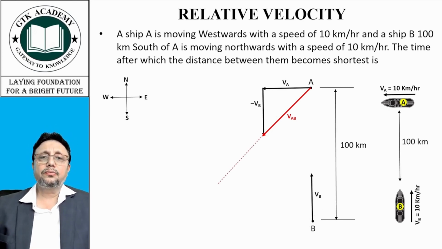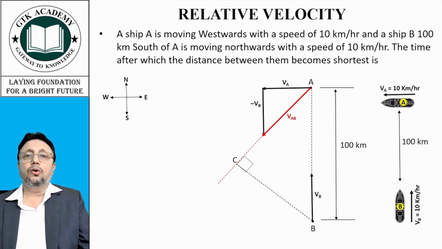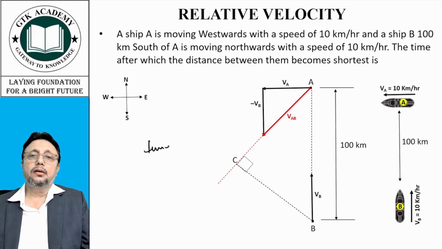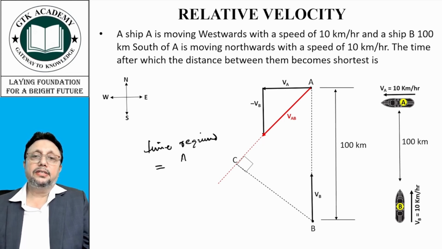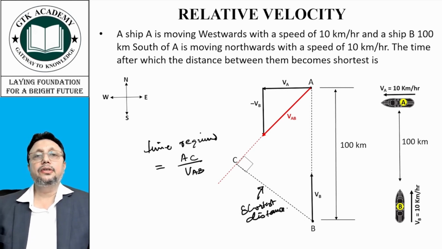So we'll do that. We extended this red line, and we dropped a perpendicular from B, say C. Now the time required will be AC upon VAB, and this BC is the shortest distance, right?